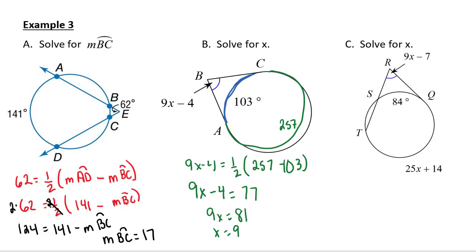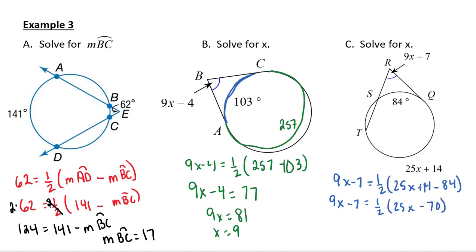Again, another one, I just picked another example that has a 9x minus 7. Kind of looks like the last one, but it's the same process. The angle 9x minus 7 is equal to 1/2 the bigger arc, in this case that's 25x plus 14, minus the smaller arc, which is 84. Inside that simplifies to be 25x minus 70.